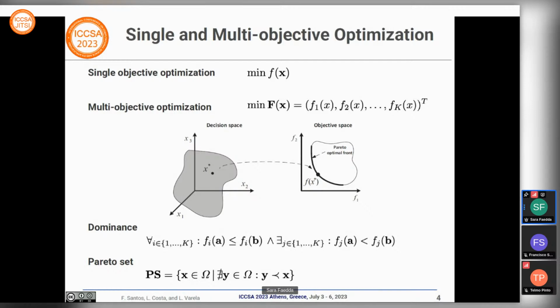Of course, the extremes of the Pareto optimal front correspond to the optima of the objectives when we optimize the objectives separately. I will show that later in this presentation.